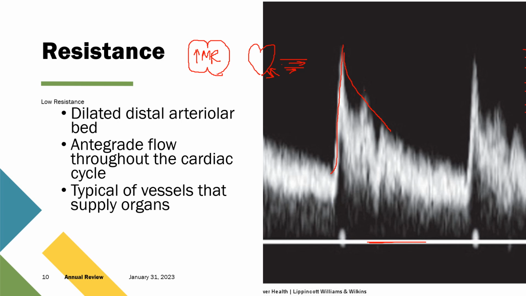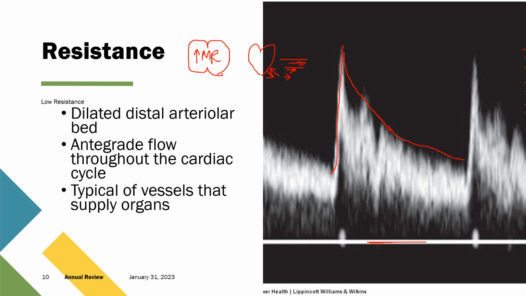During diastole, if there's very little resistance ahead, that potential energy is released by the vessel compressing one more time, and it will continue to cause forward motion of that blood flow because there's so little resistance ahead. And at that point, systole would occur again, and you'd see the same pattern.